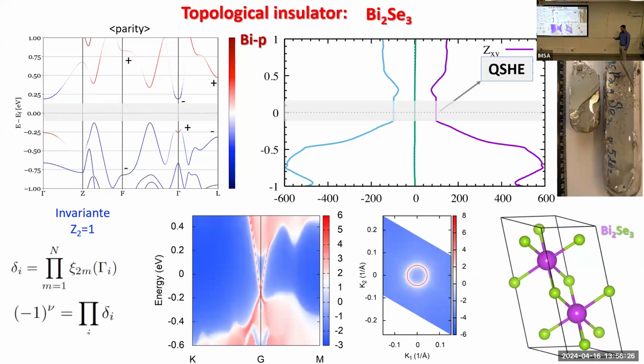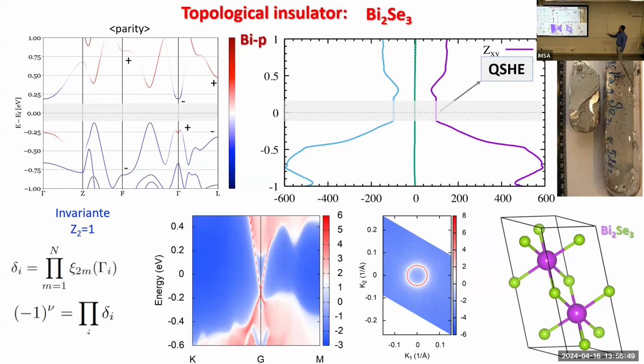In 3D materials, we have different ways to characterize the topology. We can calculate the invariant using the parity of the wave functions. Also, we can show the band inversion if we project, for example, the bismuth p orbital in bismuth selenide.